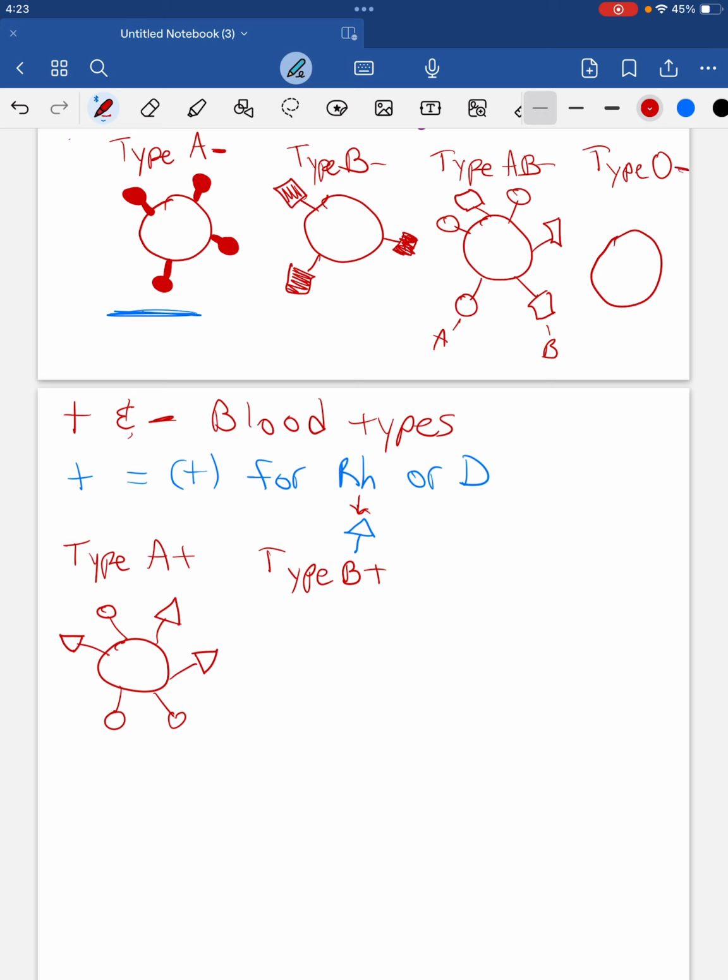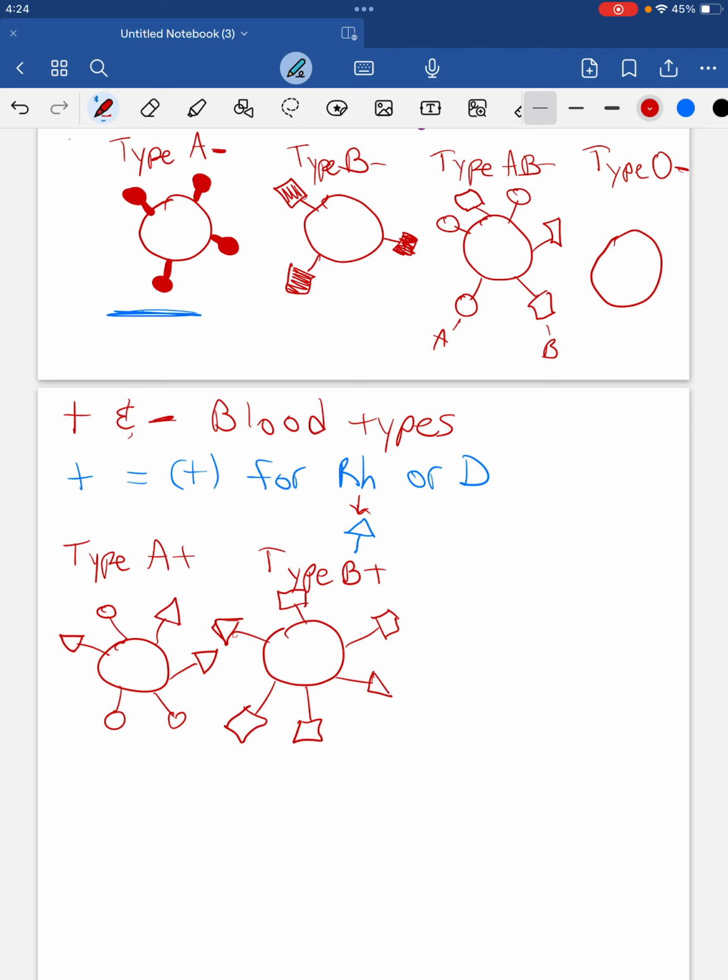B positive, you're going to have, I'm not going to color them in because it takes too much time, our boxes and our triangles. Box and triangles. Oop, I drew a box.